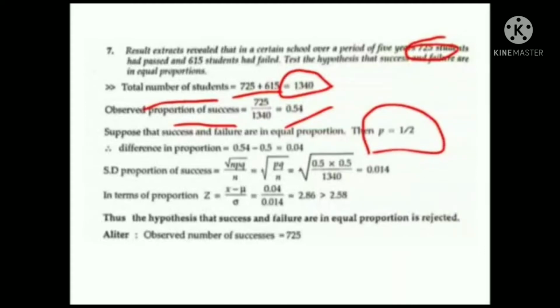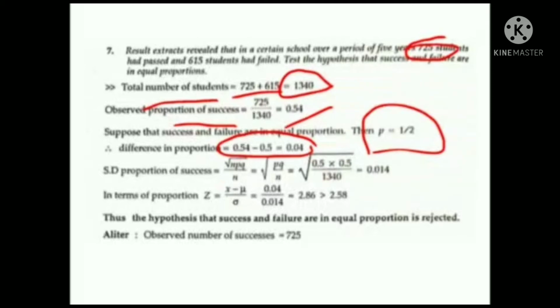Right? Now what is the difference between the observed proportion of success and the theoretical proportion of success? We have 1 by 2, which is nothing but 0.5, as the theoretical value, and 0.54 is the observed value.